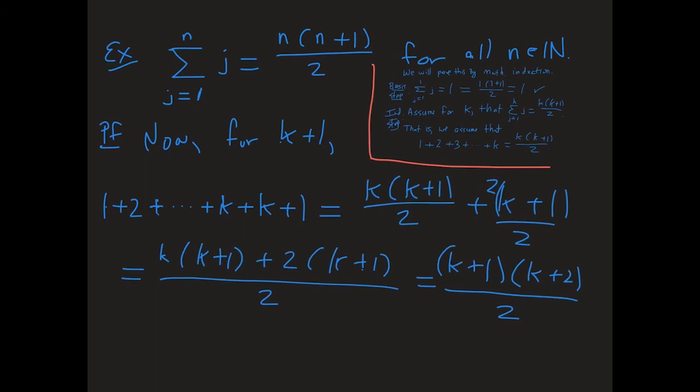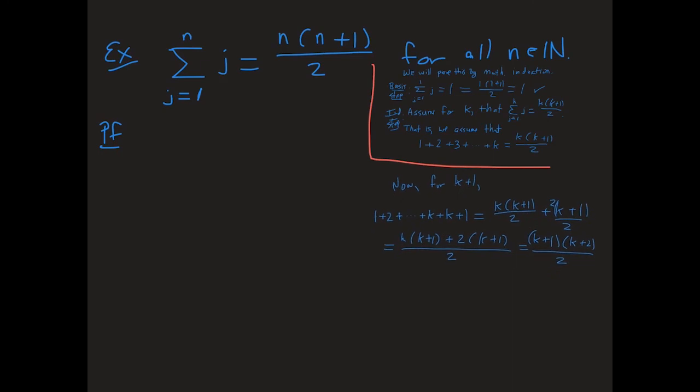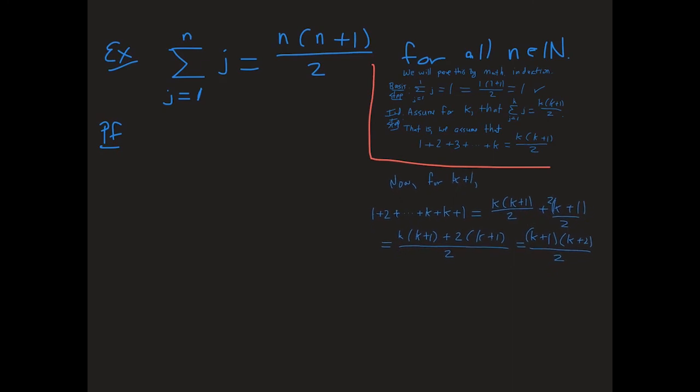Okay, now let me move this over here. I really hope this isn't getting too messy. And let's think about what we just did. We showed that first we showed the basis step, that 1 is in there. And then we assumed that this property held true for k.